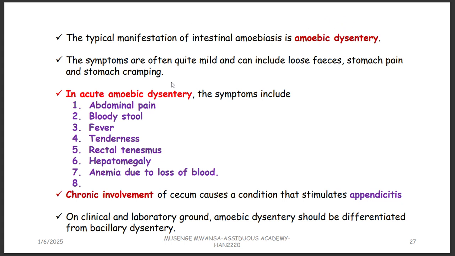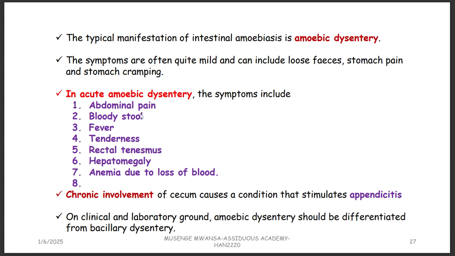The symptoms of this dysentery can be mild and can include loose feces, stomach pain, and stomach cramping. In acute amoebic dysentery, something that is acute is something that happens there and then. And acute conditions are actually worse than chronic conditions. We'll talk about inflammation in pathology as the next topic, so you understand chronic and acute.